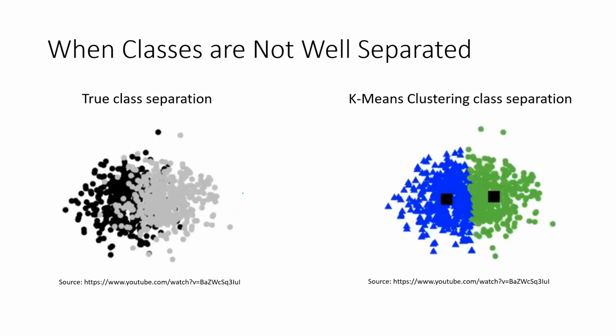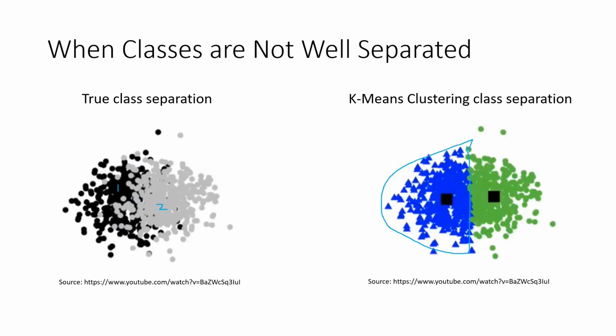So suppose the classes are not well separated. For example, suppose these are the two clusters. This one is the first cluster and this one is the second cluster, where the classes are not separated, they are mixed together in this region, right? In this case, with K-means clustering, this is the partitioning that has really happened.